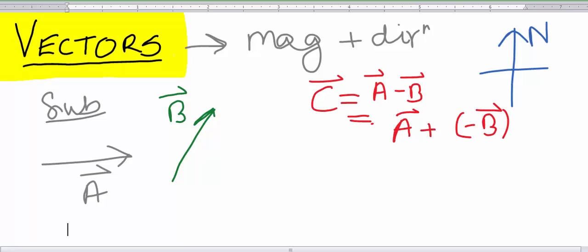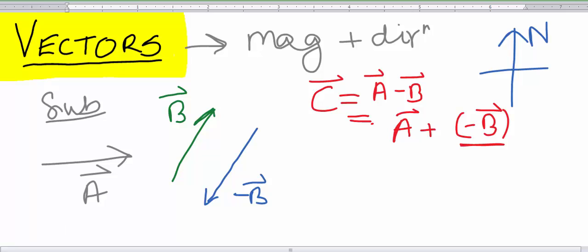So now what's this negative B vector? Let's figure it out. So B vector is like this we have. So the negative B vector will be of the same magnitude, but the direction will just be the opposite one. So this is the minus B vector. Now it's simple. It's just addition of two vectors.